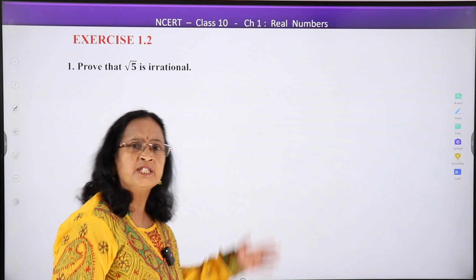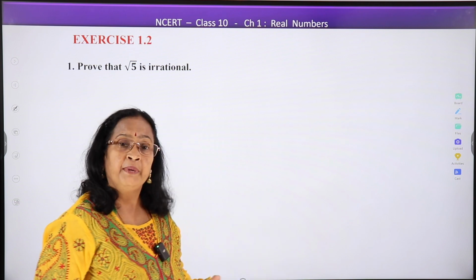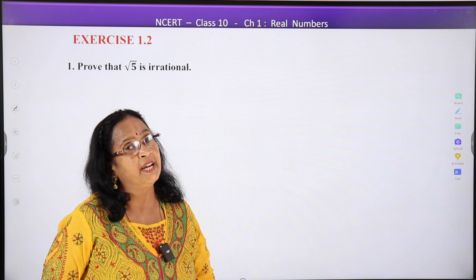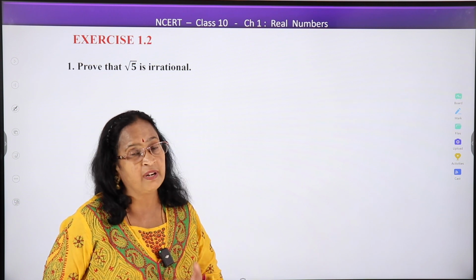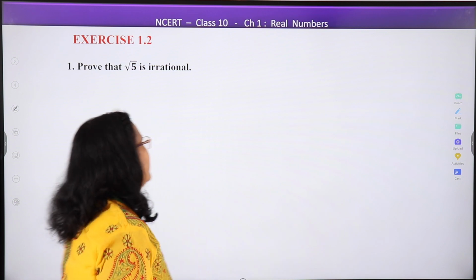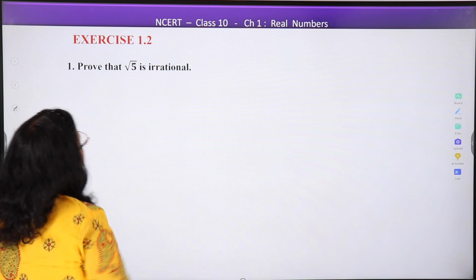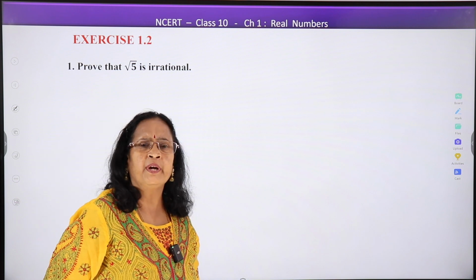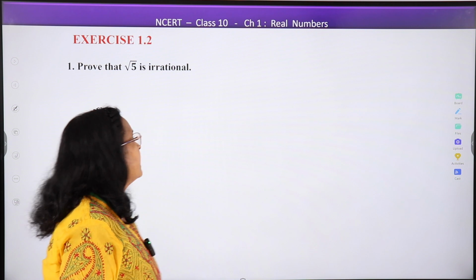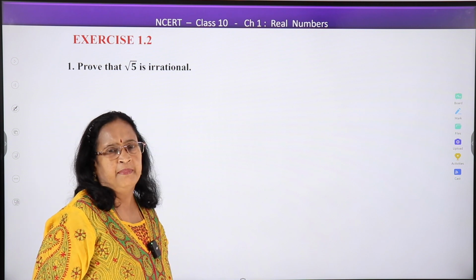So let us do it again. Because we did examples, we can do the exercise with you prompting and me writing. The first question of exercise 1.2 says, prove that root 5 is an irrational number.